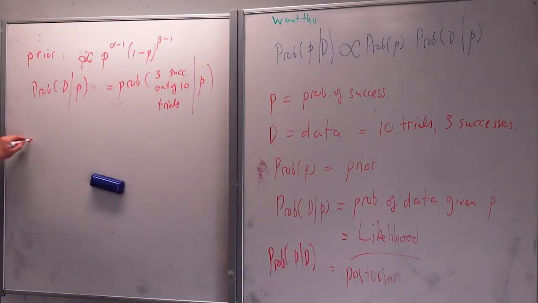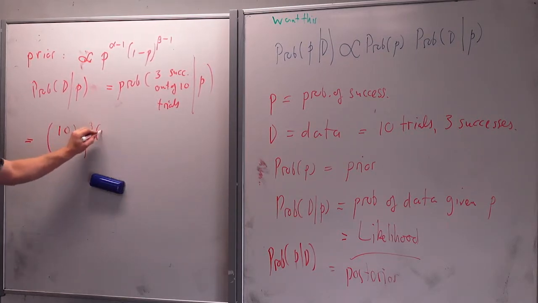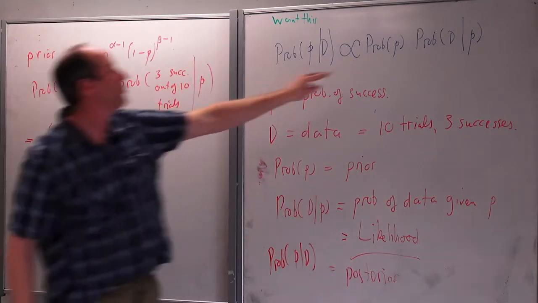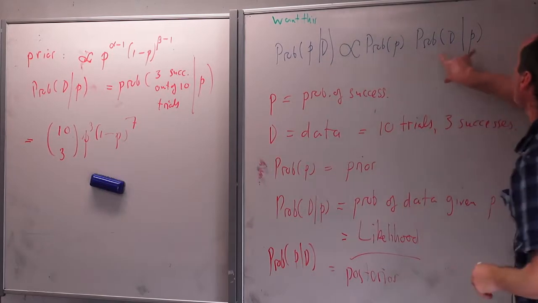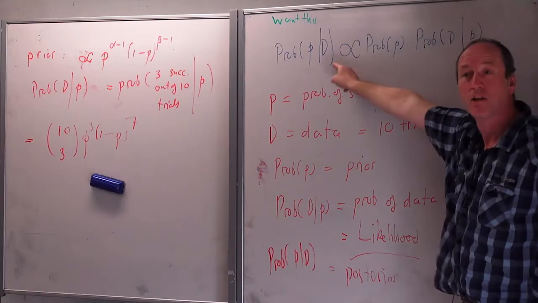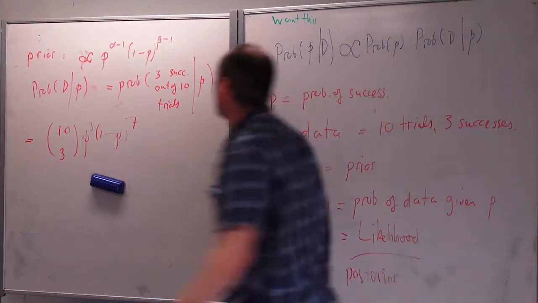Well, that is just binomial, isn't it? Remember the binomial distribution? You happy? Is anybody not happy with that? Because it's binomial distribution, we know that because I've written it down. Now I can just multiply one by the other and get the posterior. Isn't that clever?